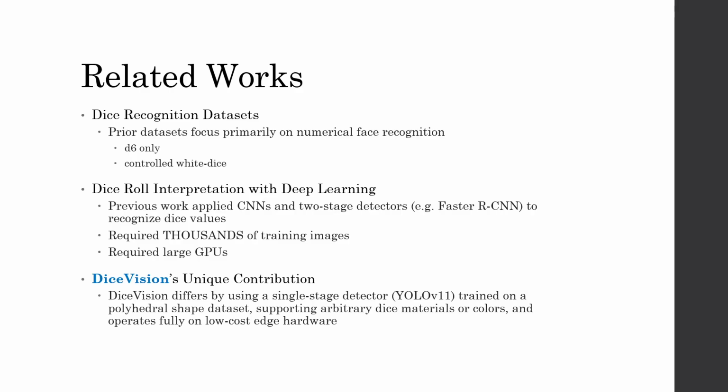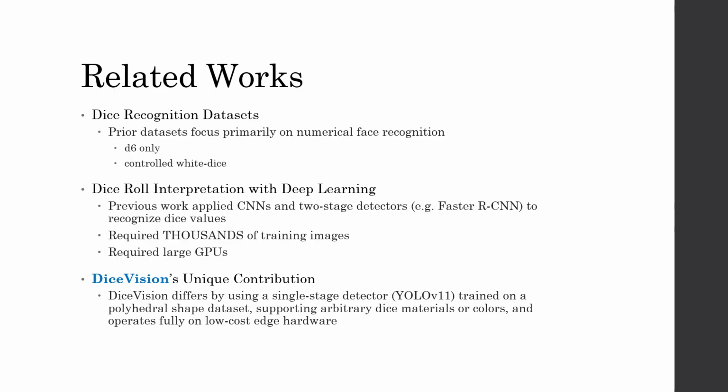There actually were a few projects I found online that looked to be doing similar things, although most were aimed at numerical face detection rather than polyhedral shape detection. They detailed the need to have complicated lighting that eliminated shadows, using high contrast dice only, and using massive amounts of data. Most people's desk setups when playing TTRPGs are not perfect conditions like that, so I personally find those requirements not to be fair.